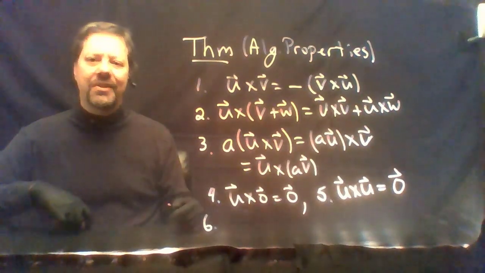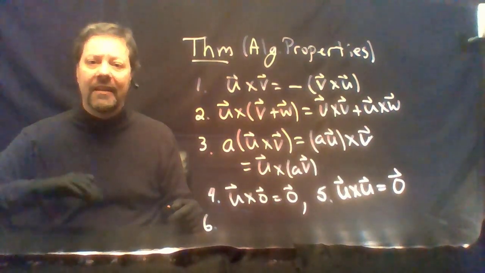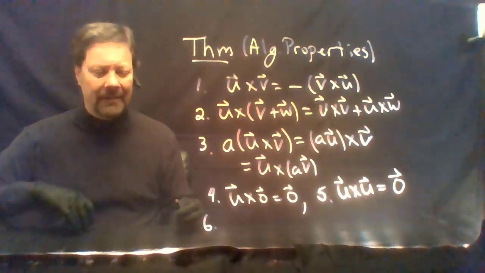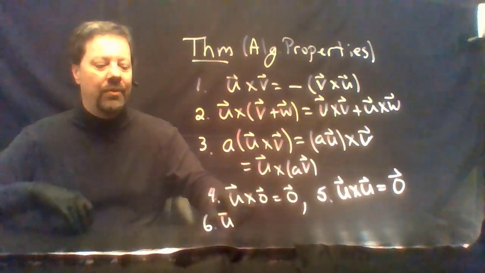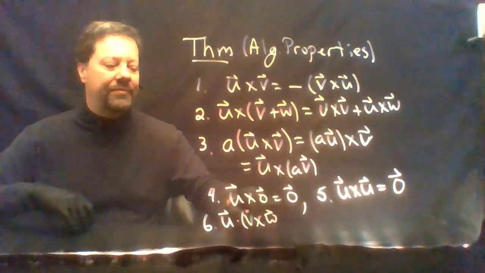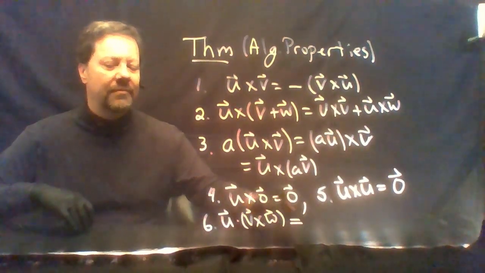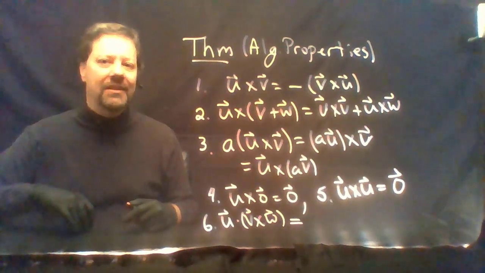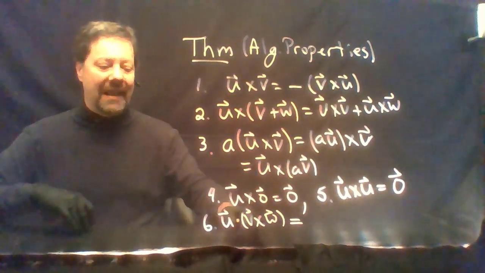Finally, how does the cross product behave in the presence of a dot product? What if you have u dot v cross w? Well, it turns out this is called the scalar triple product.